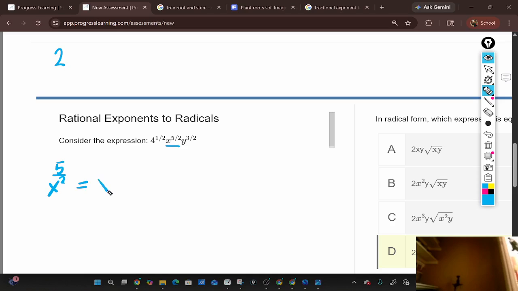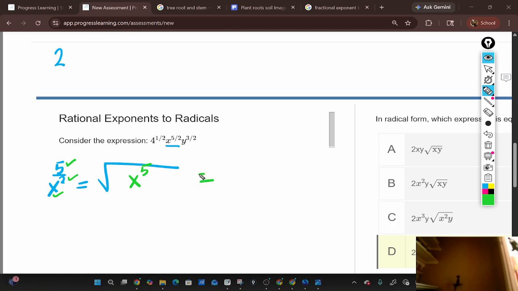We will start with the root first. The root is 2, so we have 2 as a square root. So we finish with the root. Now we have the base, which is x. Now we have the exponent, which is 5. Now we have x to the power 5.